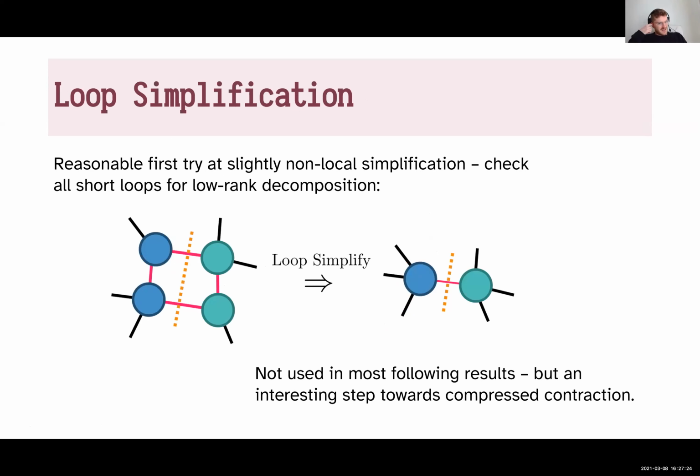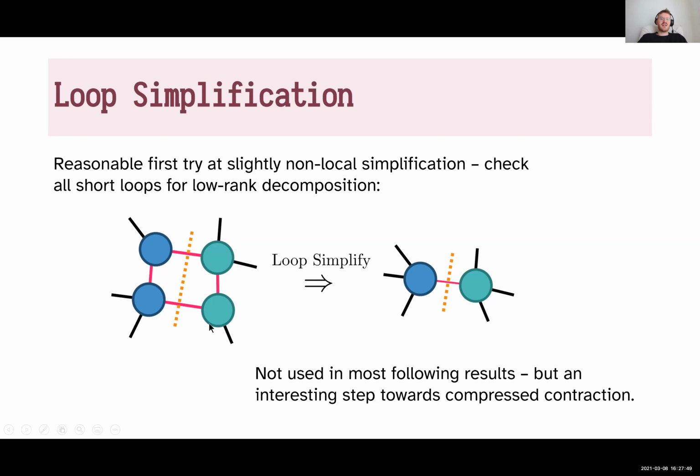And then finally, if you wanted to think about the first slightly non-local simplification, you can very easily range across your entire graph, compute every single short loop, and then try and perform a low rank decomposition across all of the connected bipartitions of this loop.